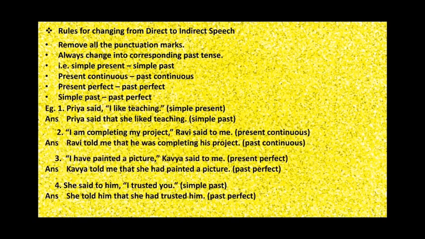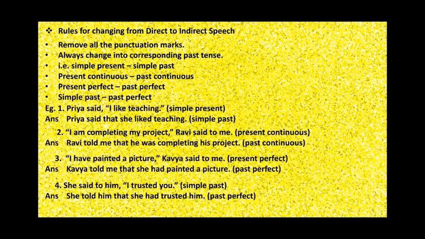Now children, let's see some of the rules to change from direct to indirect speech. First, remove all the punctuation marks, that is the inverted commas or any other punctuation that is there, so that we can convert it into an indirect speech.